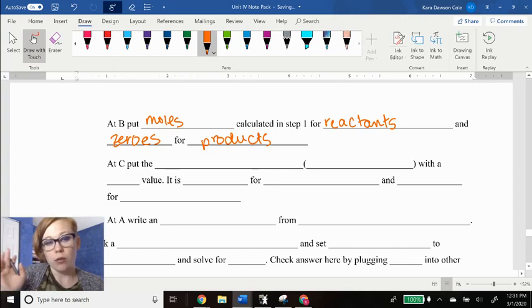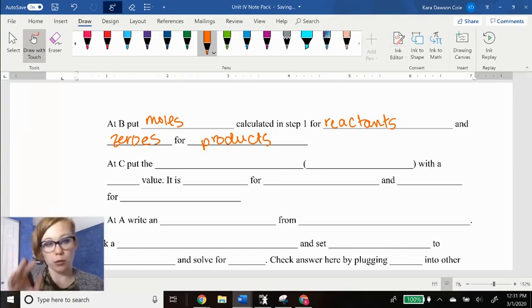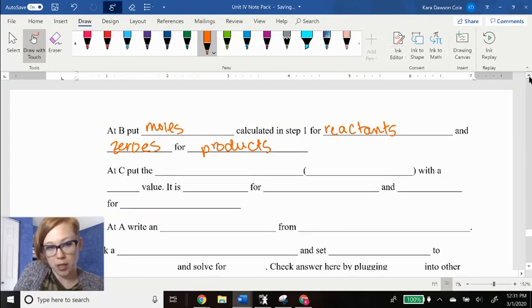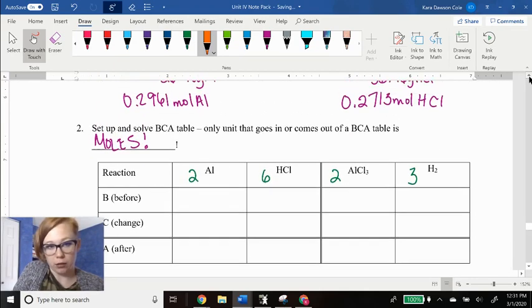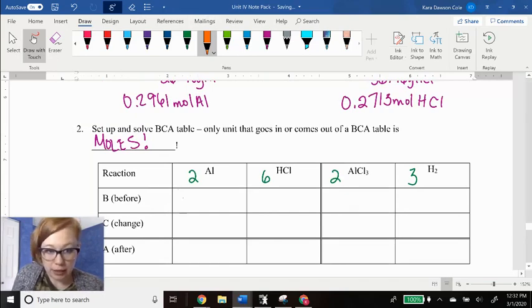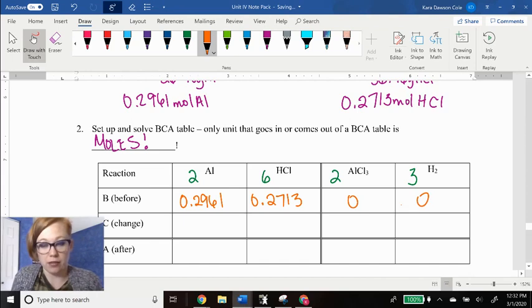So moles that you calculated from step 1 go into B. Then I can go up here to B: this is 0.2961, and this is 0.2713. This is 0, and this is 0, because I have nothing for those two.